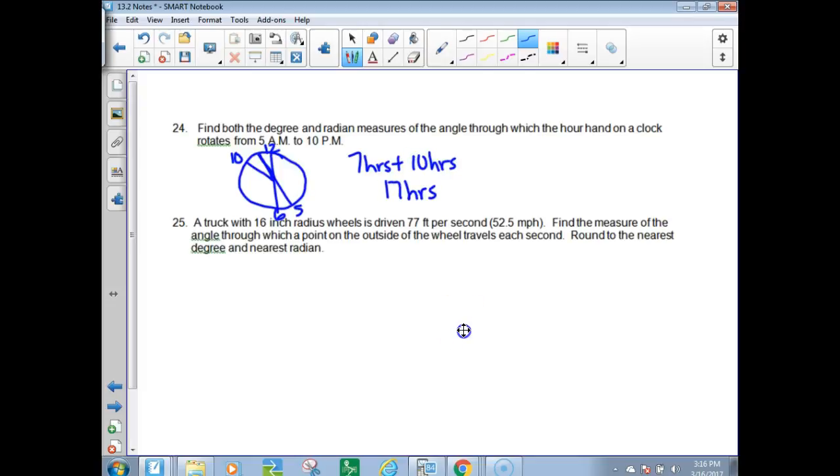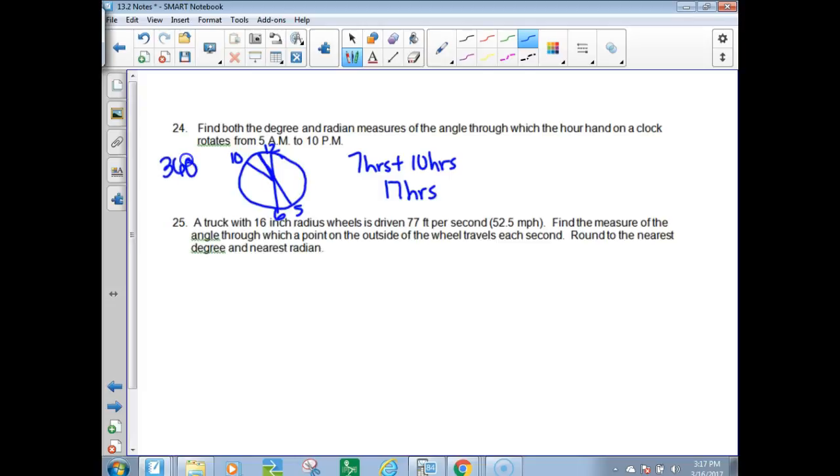We good? Now, it says, find both the degree and radian measures of the angle through which the hour hand on a clock rotates from 5 a.m. to 10 p.m. So far, all we figured out is that it rotated 17 hours. If there are 12 hours around the clock, and how many degrees going all the way around?